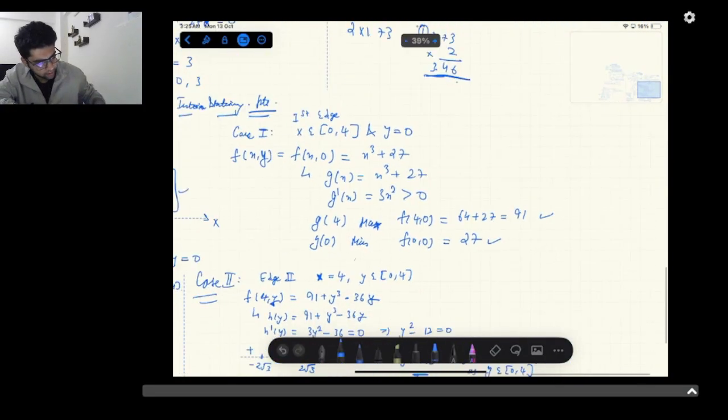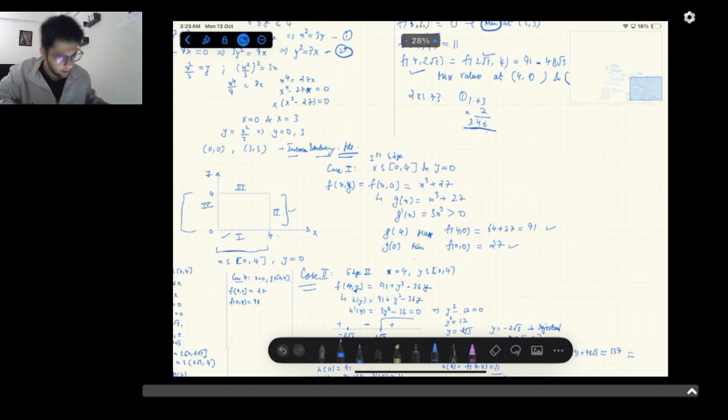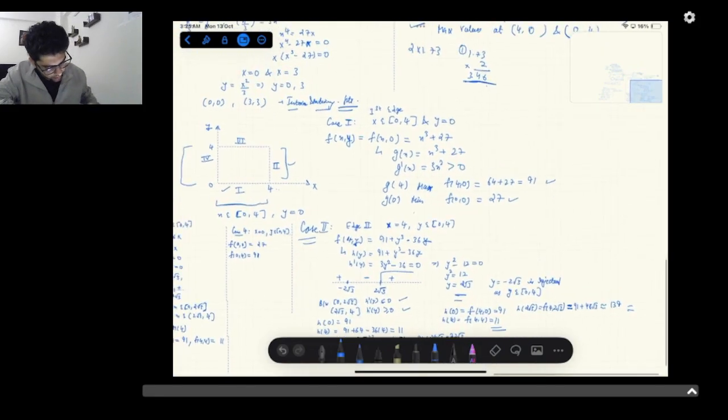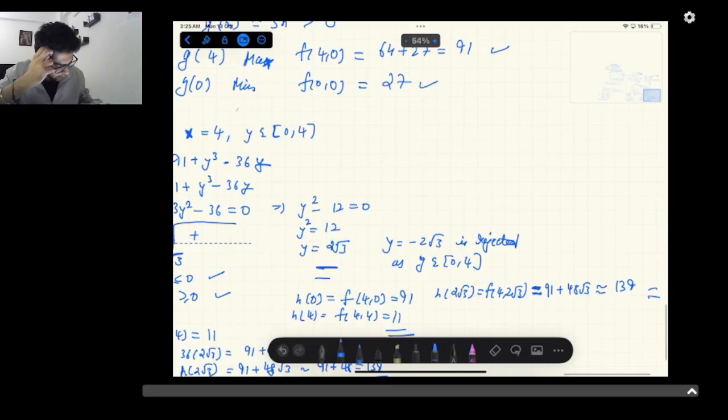If I just correct this in my notes, please correct this. At the end I have made a certain error here, right?